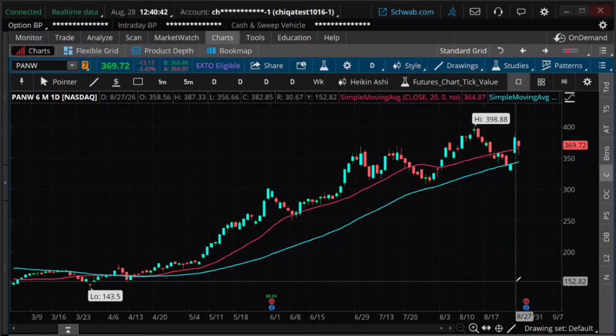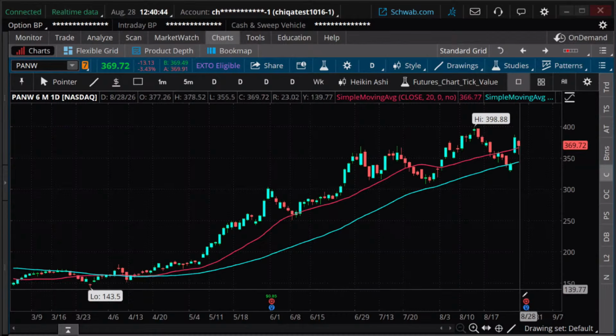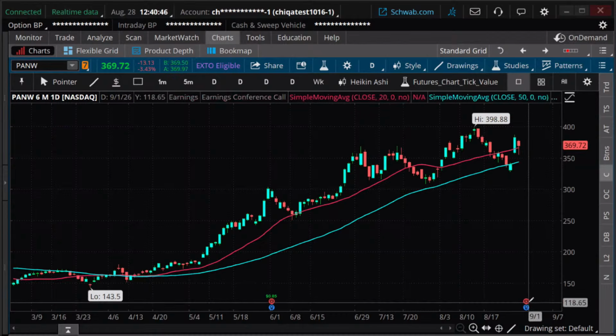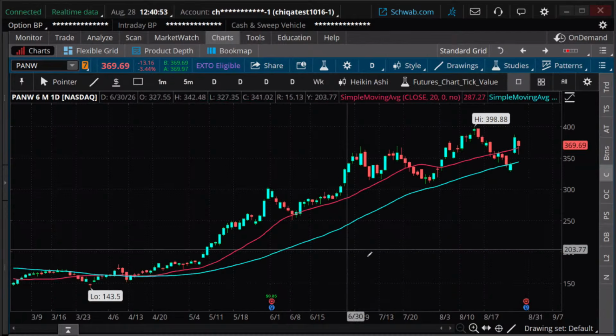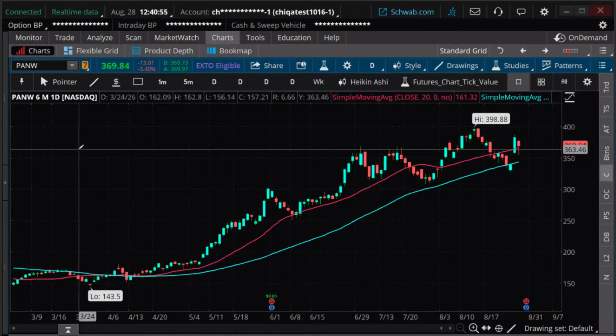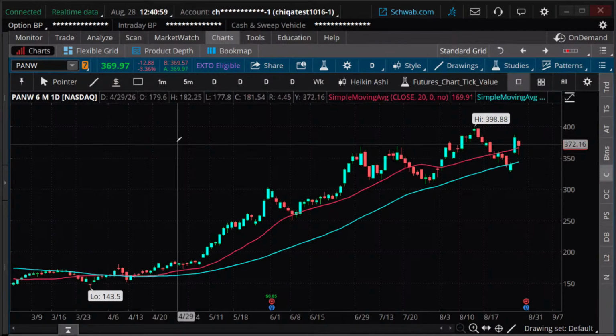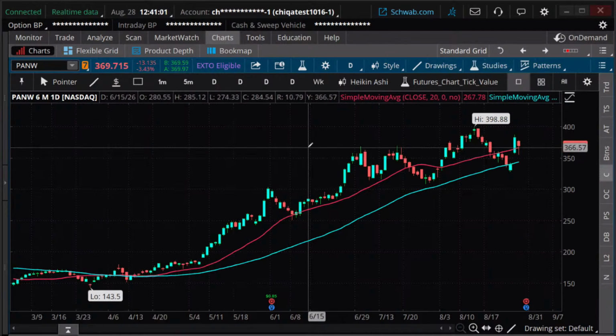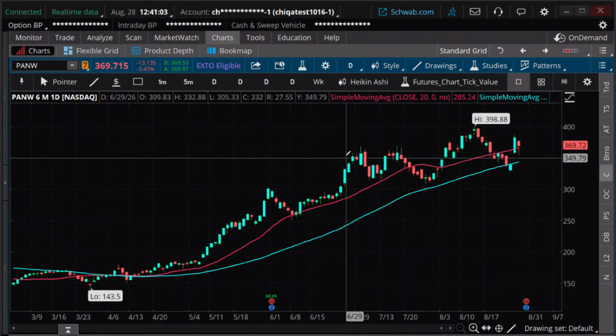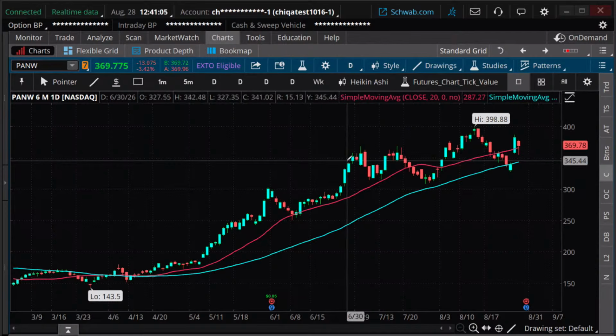You don't have to avoid earnings. You just have to realize that they're there and be willing to realize that it may move a little bit more. But I think the theory on this trade is, hey, this is a cybersecurity stock, and I'm bullish on that industry. The trend is up.